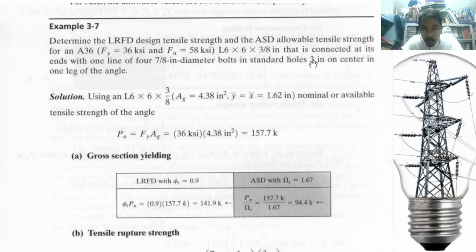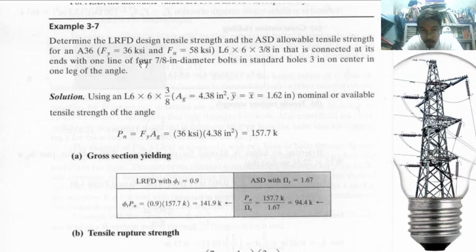How many holes? 4. So, 4 holes. This time, 4 holes and 3 inch center to center. So, reverse. Previous example, we had 3 holes, 4 inches center to center. But now, it is connected on one leg of the angle bar.